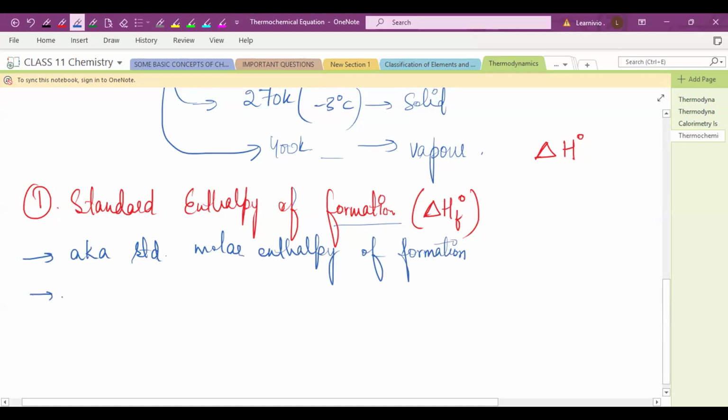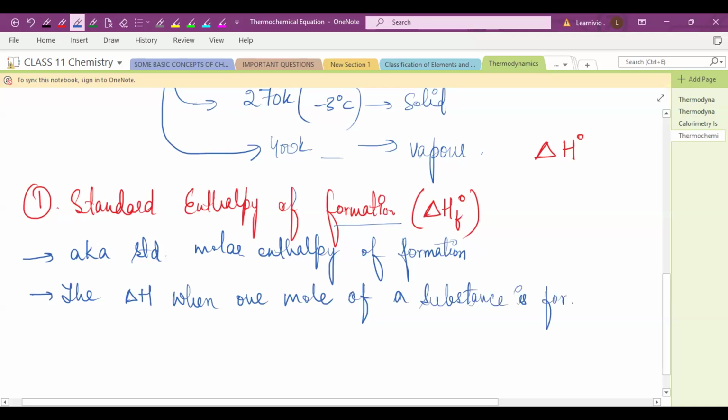So write down delta H, the change in enthalpy when one mole of a substance is formed from its elements in their most stable state.